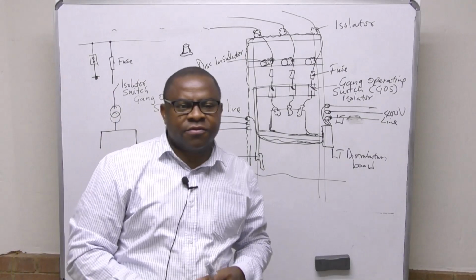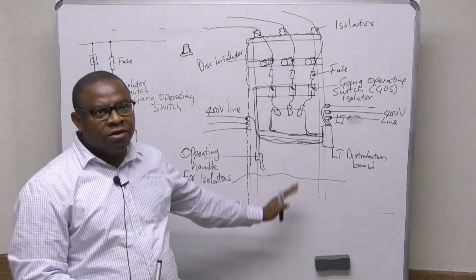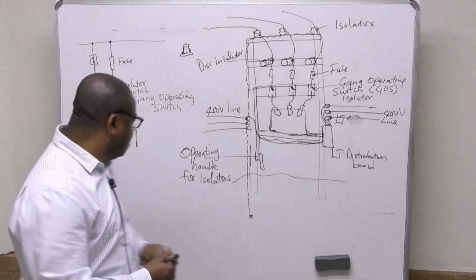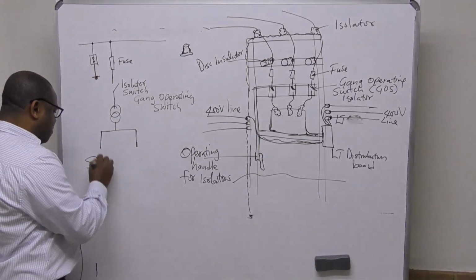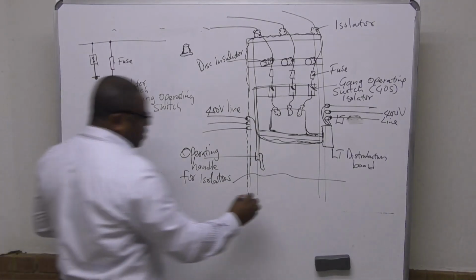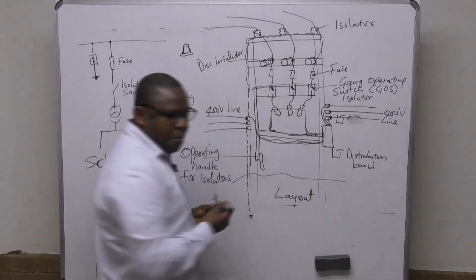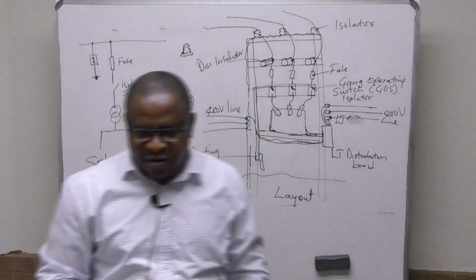Okay. So that is a schematic. This is a layout, the one that we say we must sketch. So it's just a schematic diagram, schematic. So when you do that, you get 6 marks.